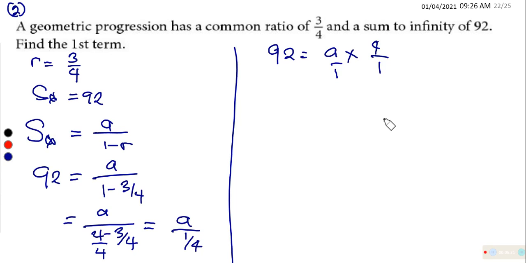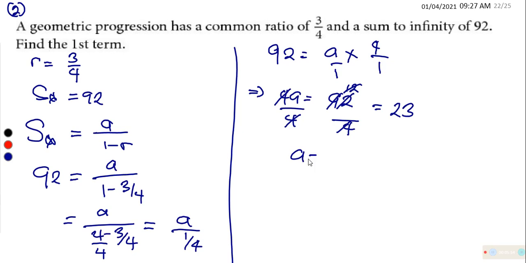So we can have 4a equals 92. So dividing both sides by 4, we have 4 in 9 is 2, 4 in 12 is 3. So a equals 23. So the first term of the GP is 23.